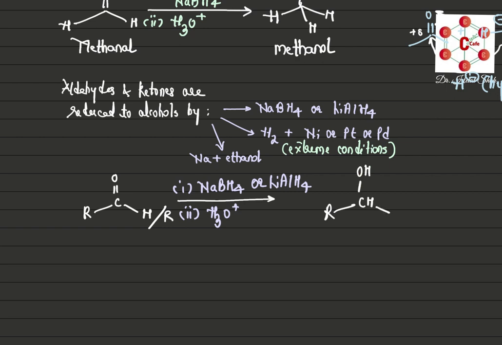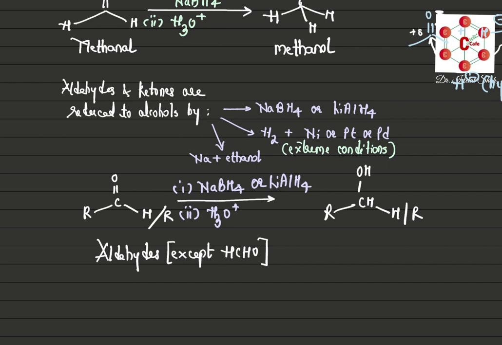RCHOH and then H or R. What I have to do is give one H to this carbon and one H to this oxygen and break this bond. That's it. Now if you take an aldehyde, there would be RCH2OH. So it will be a primary alcohol. And if you take a ketone, this H would be replaced by R, so it will be a secondary alcohol. So I can say aldehydes except HCHO.